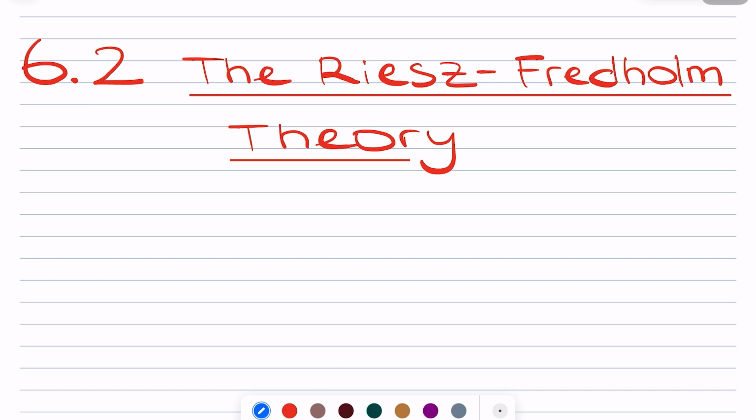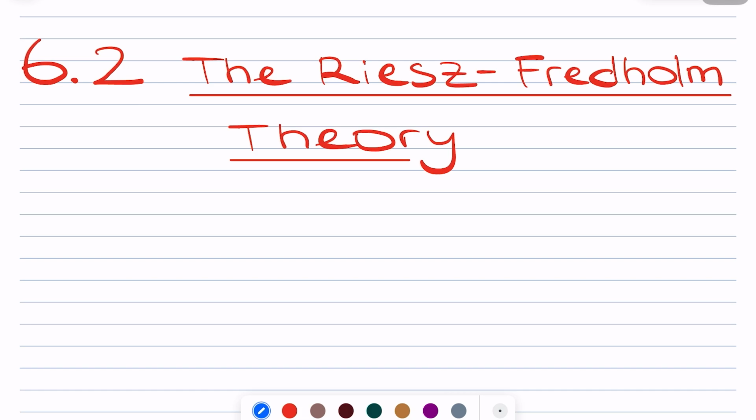Now, building upon that understanding, we are about to dive into the enthralling territory of the Riesz-Fredholm Theory. The Riesz-Fredholm Theory serves as an illuminating extension of our knowledge of compact operators, allowing us to delve even further into the fascinating interplay between linear operators and the underlying structures they operate on.